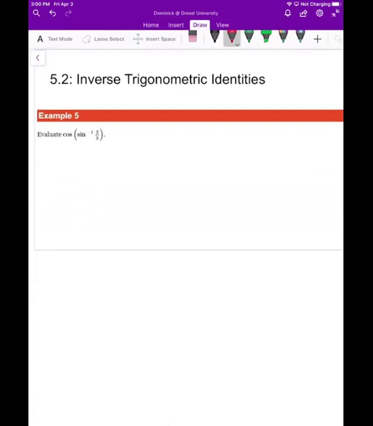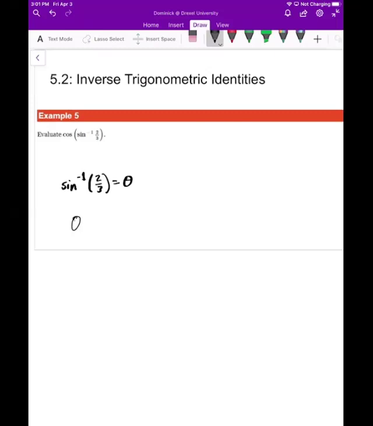Okay, so the next type of problem is, what if I want to find something like this? I want to find one trig function composed with the inverse of another trig function. So now it's a little bit more difficult than just undoing some numbers. So let's first worry about the inside. Let's look at the inverse sine of 2/3.